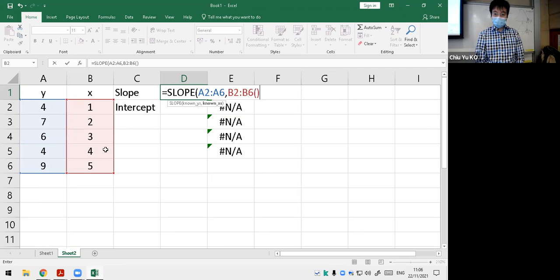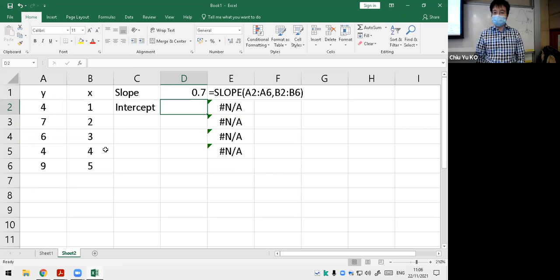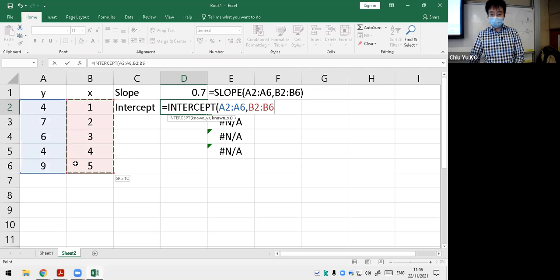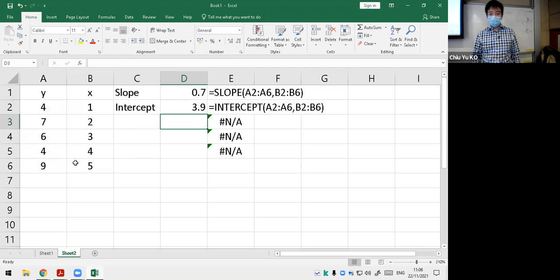Again, this one I'll upload on Blackboard. So this is the slope. And the intercept is like this: all the Y and all the X. So that would be the slope and intercept, the same as we expected already. And we know from last time how to do covariance over variance to calculate the same thing. I'm not going to repeat that.